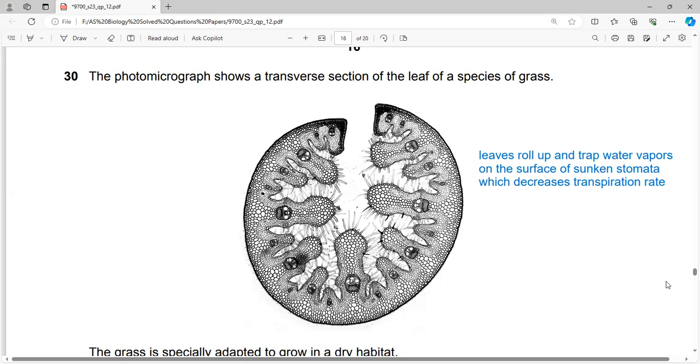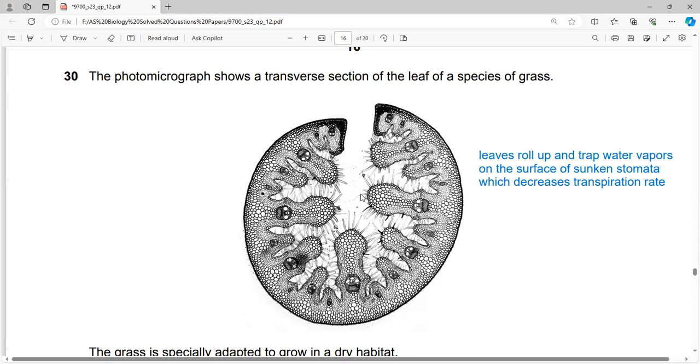Second, it has sunken stomata, I mean hidden stomata inside. And third, it has trichomes, or hairs, on the leaf surface, which entrap the water vapor, and that's why there's high water vapor inside the leaf, which increases humidity.